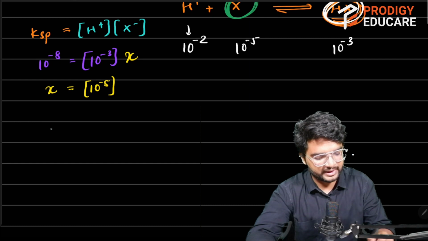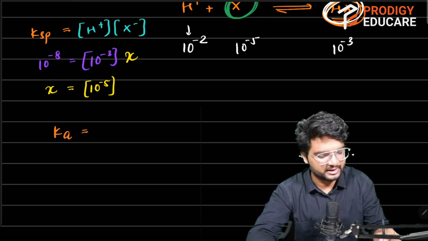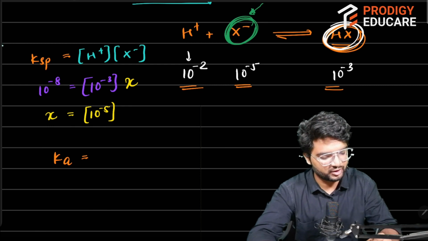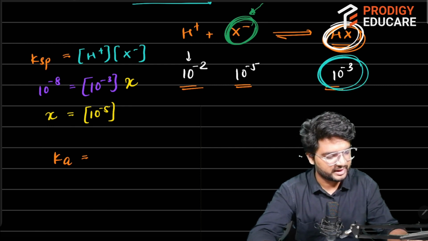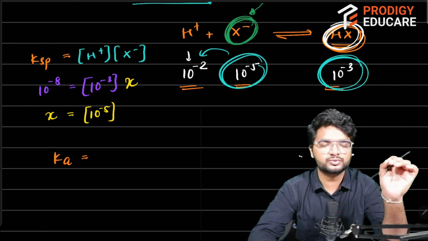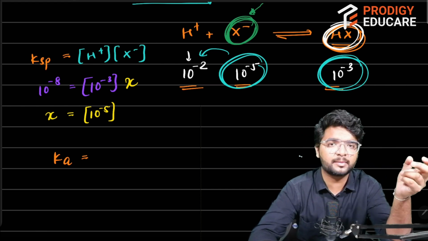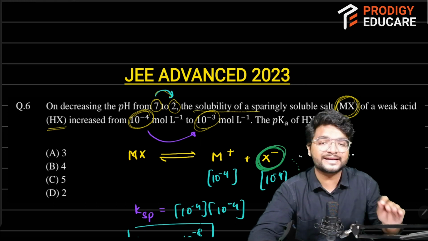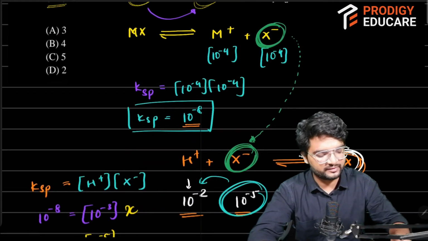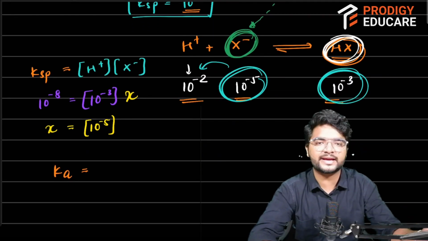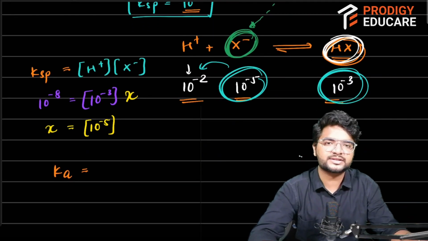We have got HX as given. For X minus we have used 10 raised to minus 5, and for H plus we calculated 10 raised to minus 2. Of course a very limiting amount of X minus, but as we know, the solution is getting acidic, so there will be more H plus than X minus and the total HX concentration.